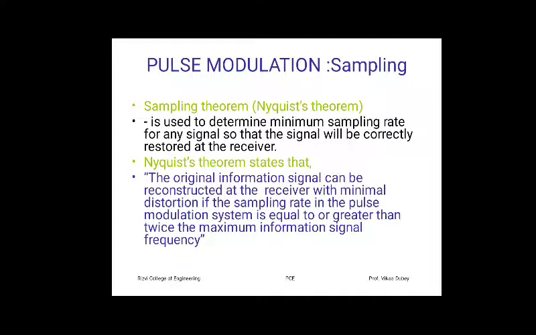Now we know the sampling process follows the sampling theorem, which is called the Nyquist theorem. It is used to determine the minimum sampling rate for any signal so that the signal will be correctly restored at the receiver.